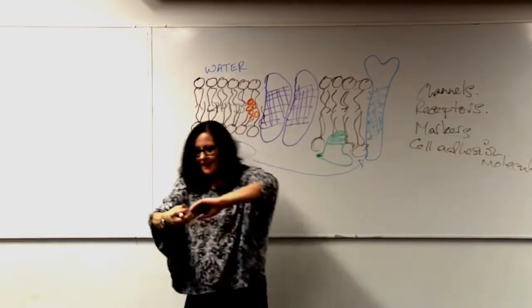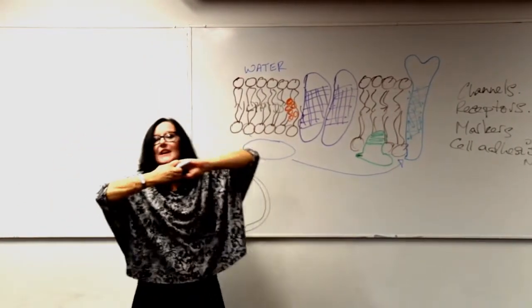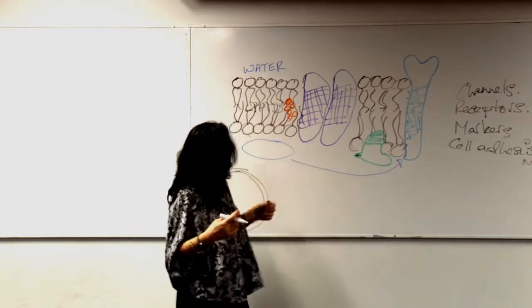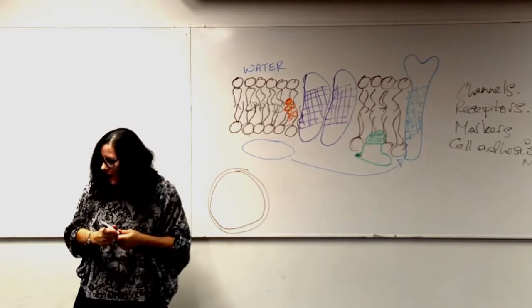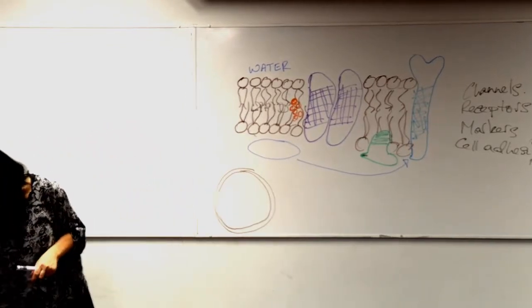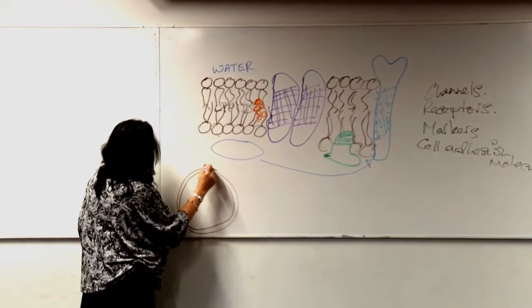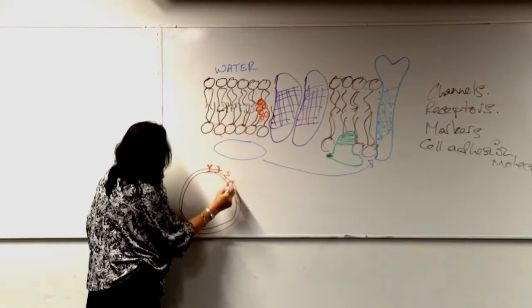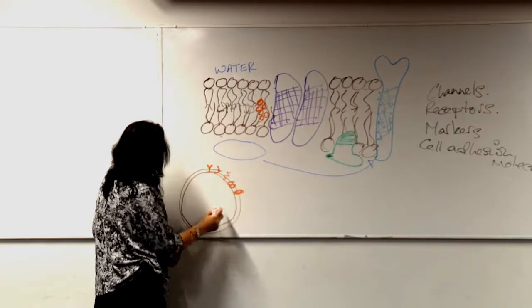These look like a pair of hands, and they hold cells together temporarily, a bit like Velcro. So there's lots of different things embedded in the plasma membrane. And what happens is all of these start to stick out. So we might have lots of little markers, little channels, little proteins.